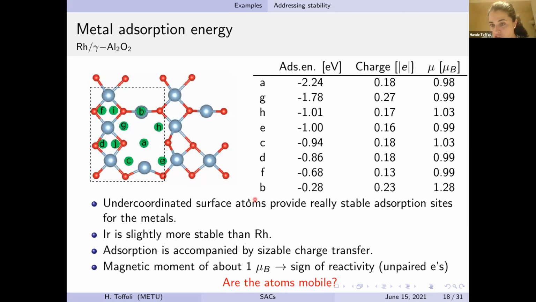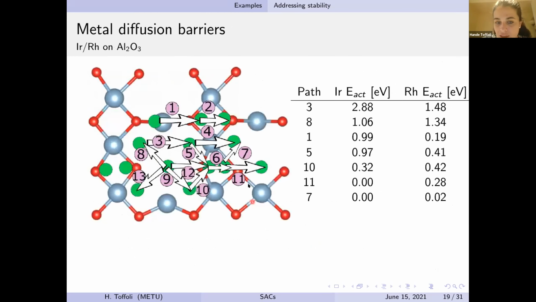Okay, but the question is, great, alumina, as expected, in a sense, provides a really strong anchor for the metal atoms to hold on to. But if the metal atom breaks free, are they mobile? Can they diffuse easily? So for this, we considered a very large number of diffusion paths and used nudged elastic bands to calculate the diffusion activation barriers over these.